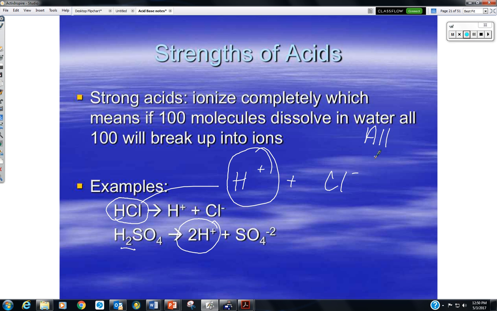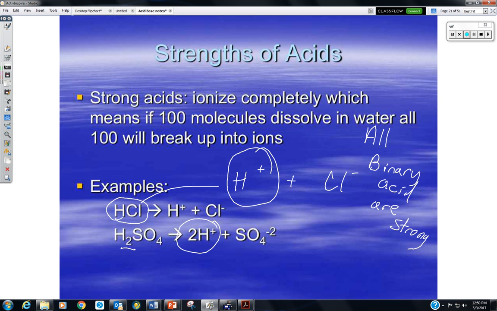All binary acids are strong, meaning they completely dissociate. One exception would be hydrogen fluoride.